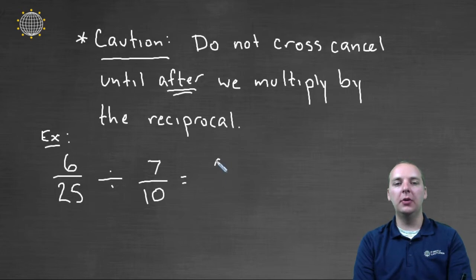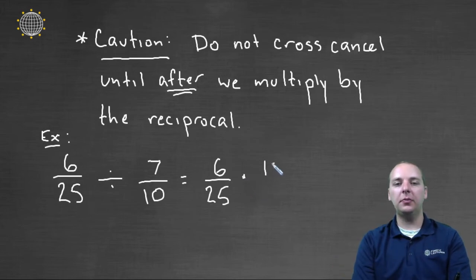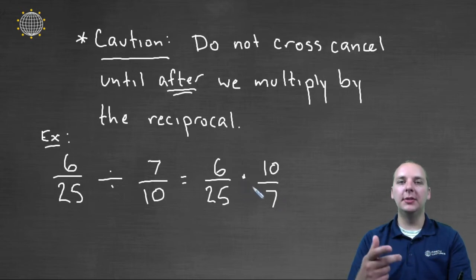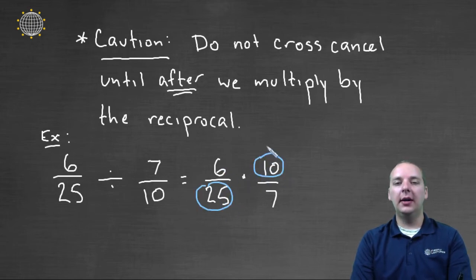So for example, we could write this as 6 over 25 times not 7 over 10, but 10 over 7. Now this is multiplication. I've taken the reciprocal of the divisor. Now I can cross cancel and simplify. 6 and 7 don't have any factors in common, but 10 and 25 do. 10 is 2 times 5 and 25 is 5 times 5.